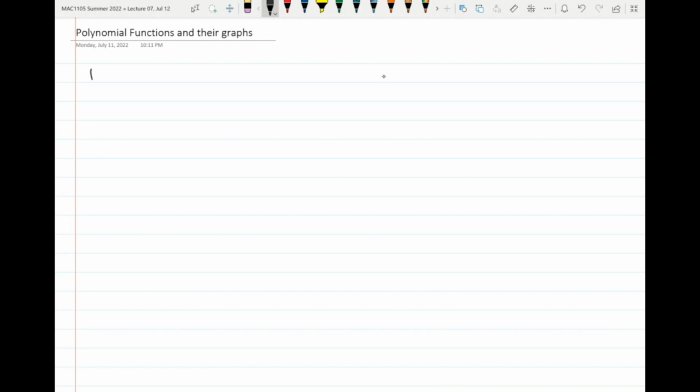Okay? But anyways, here is the formal definition. So a polynomial function is an expression of the following form.